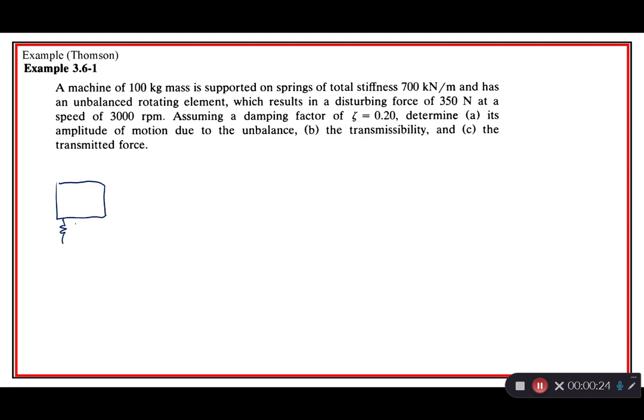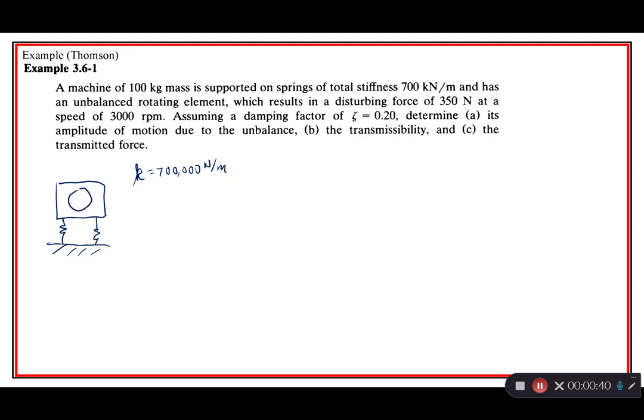So it's supported by springs, and it has a total stiffness of 700,000 newtons per meter, and it has an unbalanced rotating element.